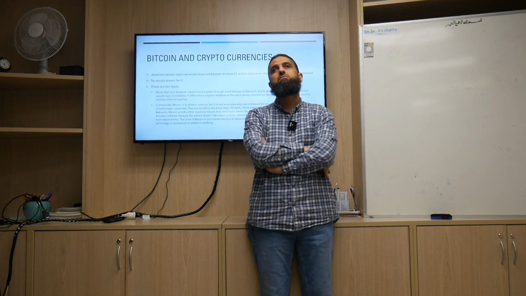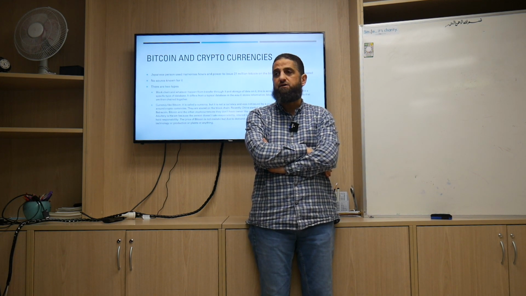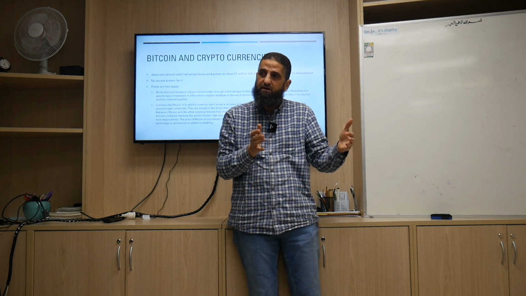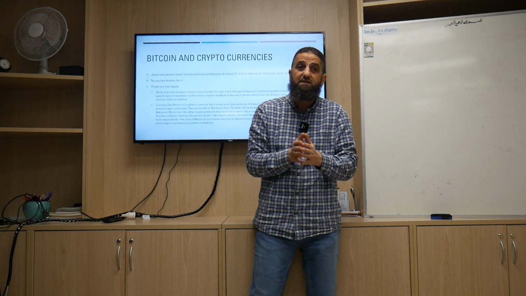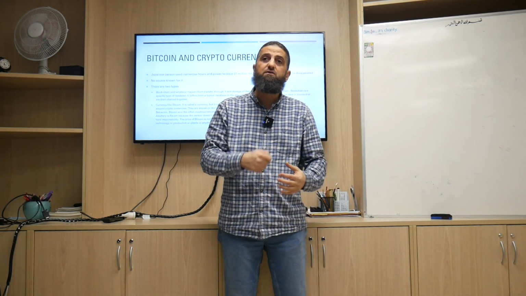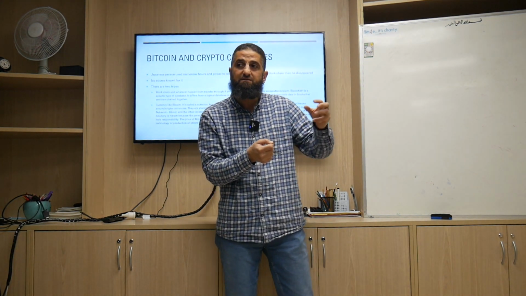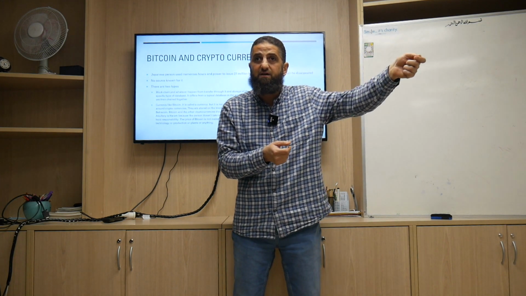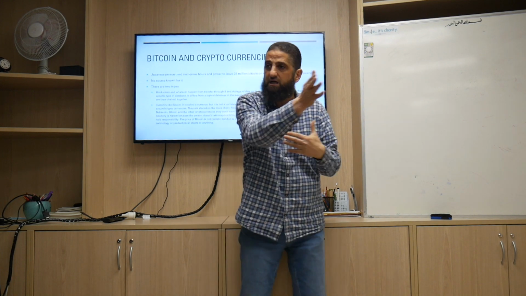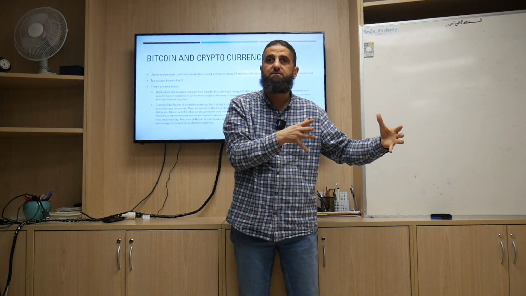If you want to, for example, consider it like shares: shares have a product behind them. For example, there is a factory behind it, there is a company behind it. So when you buy your shares, you know that your money is going to be put into that factory that's going to manufacture and sell cars. So there is a product and a company behind it.